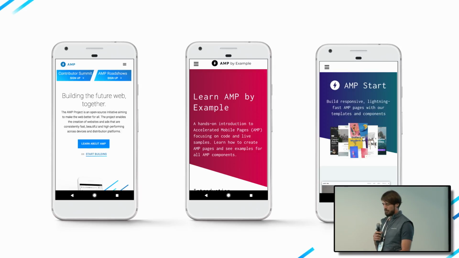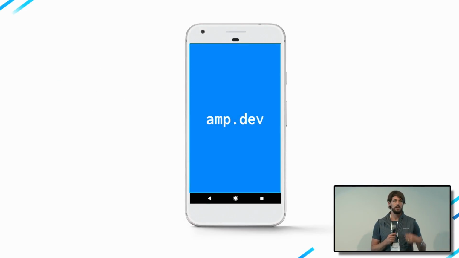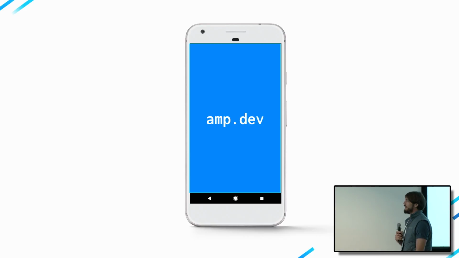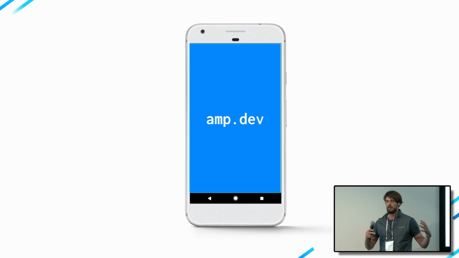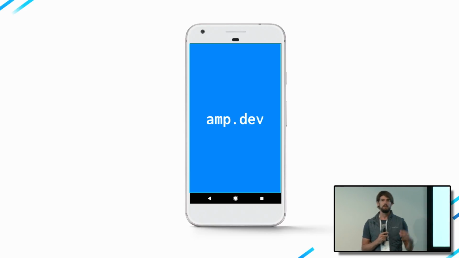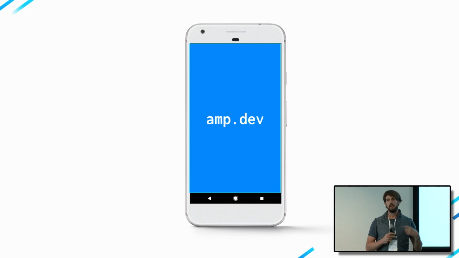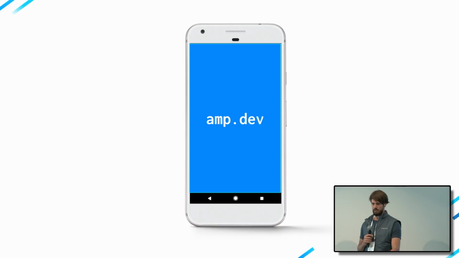The good news is that we're currently working on a relaunch of all these three sites. It's going to be called amp.dev. The idea is to combine all these three sites into a single one, thereby greatly improving the developer experience. So please stay tuned for updates about this.